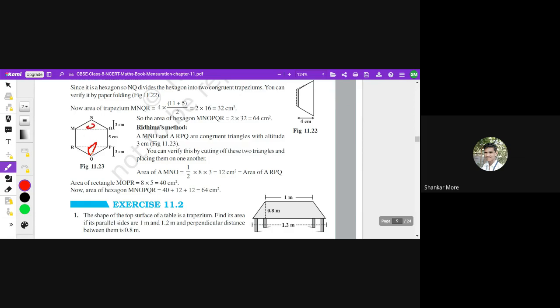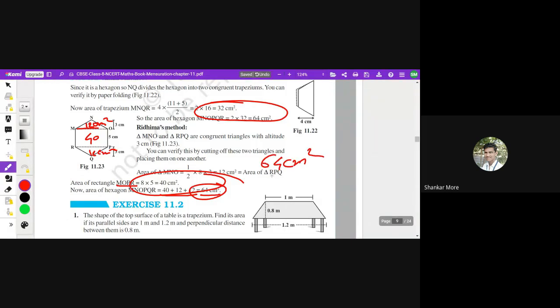Now what will be the area of MOPR? 8 into 5, that is 40 centimeter square. So 40 plus 12 plus 12, that is 64 centimeter square. Whether we find out by this method or by that method, we are going to get the same area, that is 64 centimeter square.